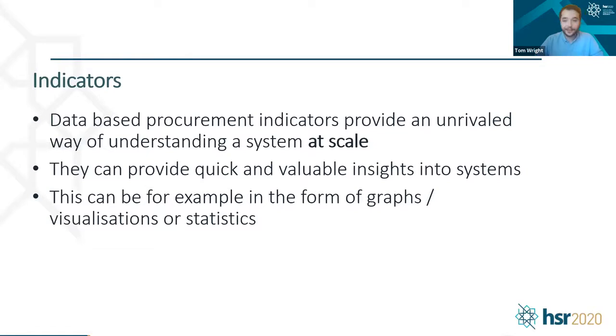So you can see many different procurements at once within a particular indicator. They can provide quick and valuable insights to a system, which can be very useful for the purposes of advocacy or by governmental monitoring, and can be, for example, in the form of graphs, visualizations, or statistics.